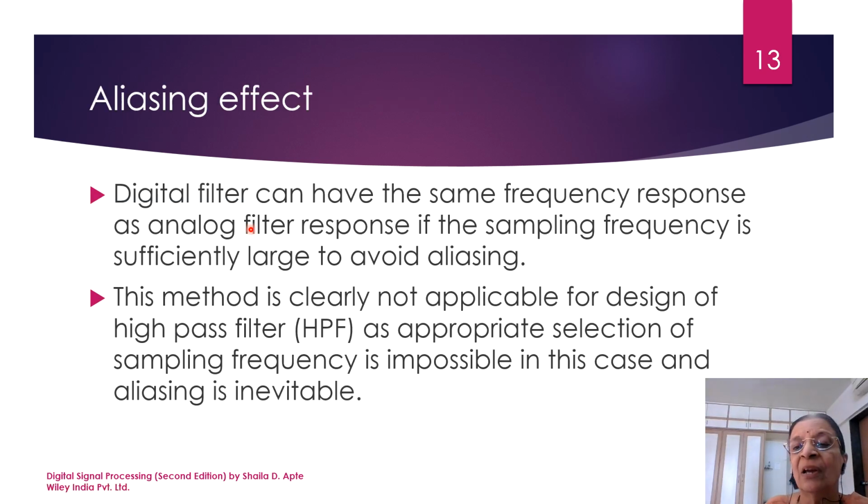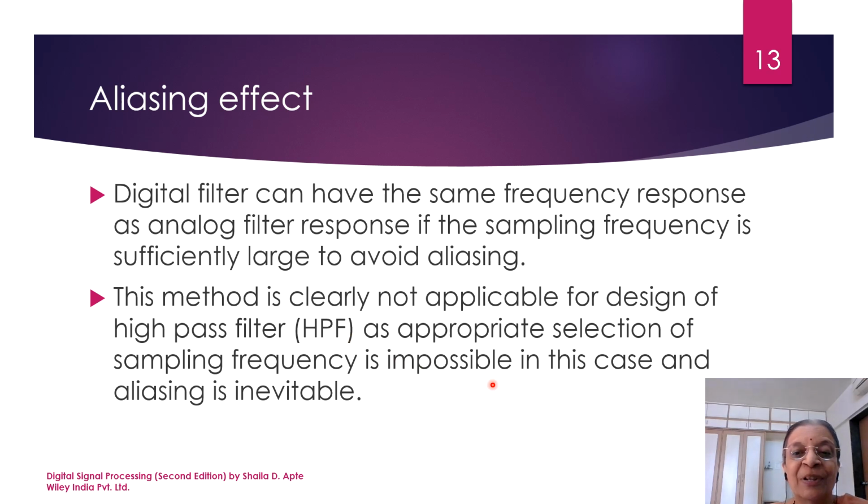Now, what is the aliasing effect? Why is it arising? Because a digital filter can have the same frequency response as the analog filter only if the sampling frequency is sufficiently large to avoid aliasing. But if you consider a band pass filter or high pass filter, then you cannot select the sampling frequency sufficiently high compared to the infinite frequency.